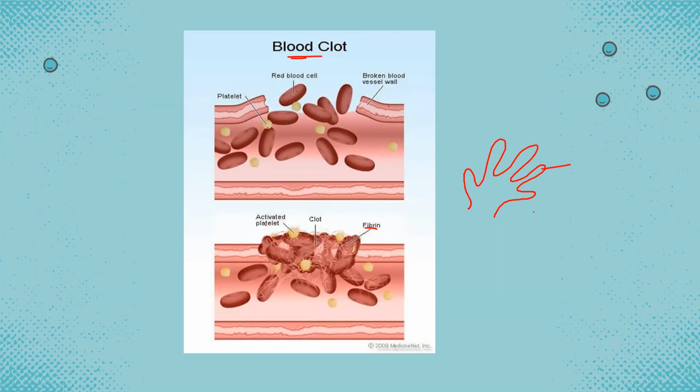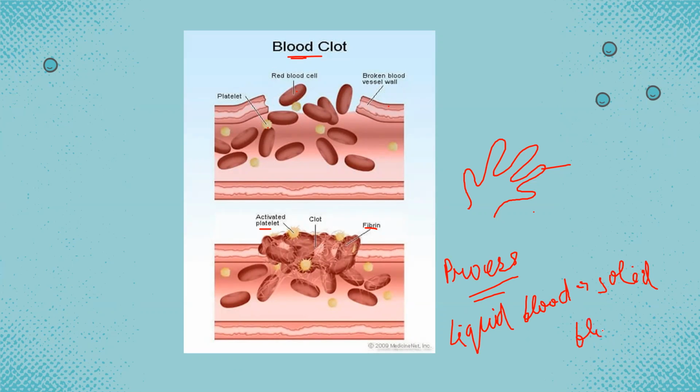Fibrin and activated platelets all get combined. Blood clotting is the process by which the liquid blood changes into the solid form, solid blood form.